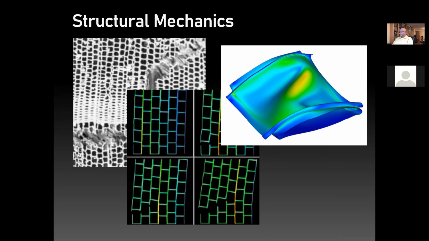The image in the middle is an example from a finite element simulation to study how you break up this wood structure. And metal plate forming is also very computationally expensive, and there you can benefit from having large computer resources.